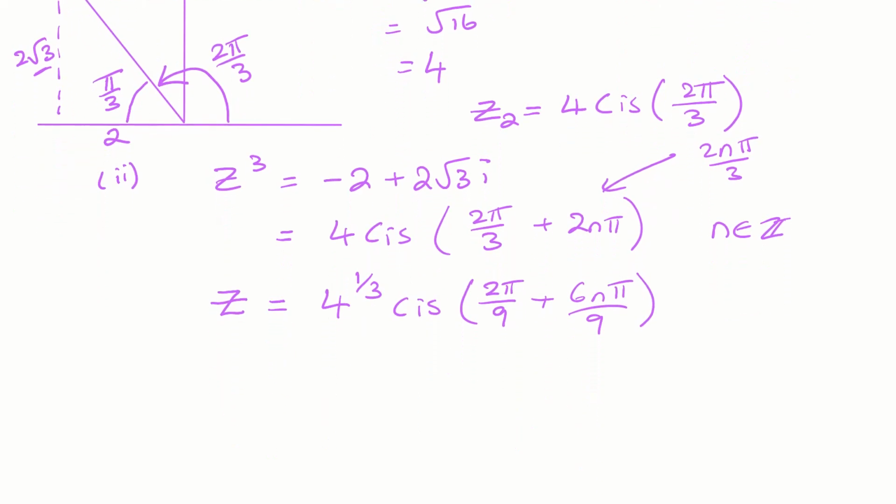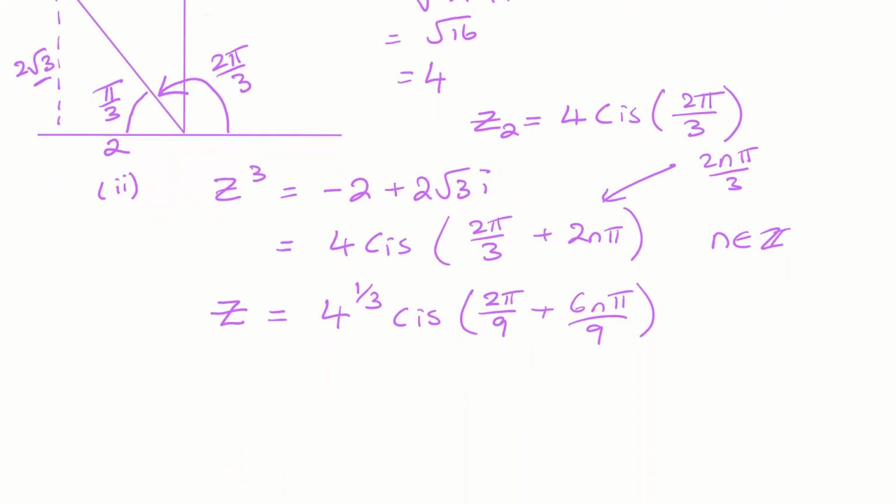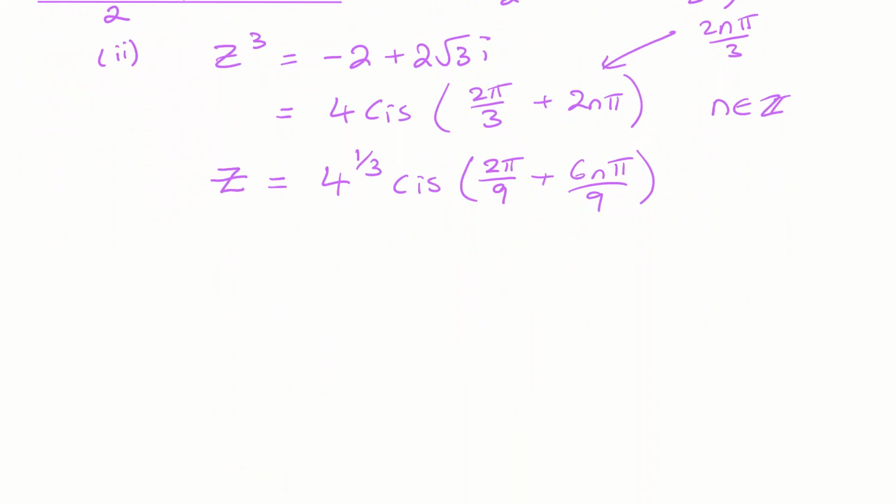And then it's just a case of picking out the ones that are between negative pi and pi, which is the usual way to go. Or you might go from 0 to 2 pi. So let's do it from 0 to 2 pi. It's not the usual way, but that's fine.